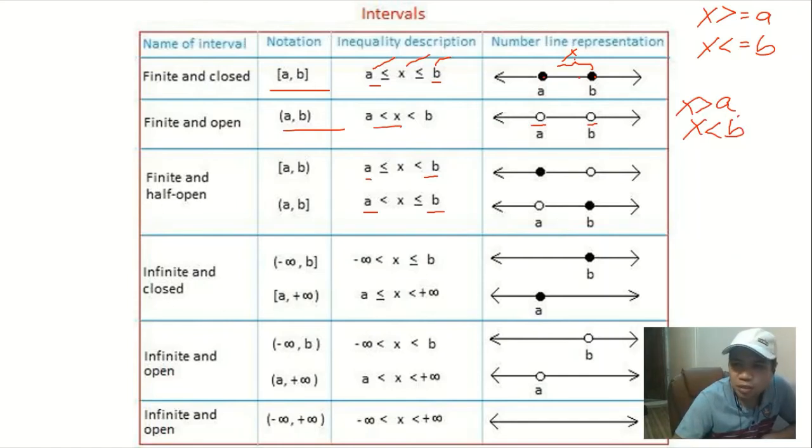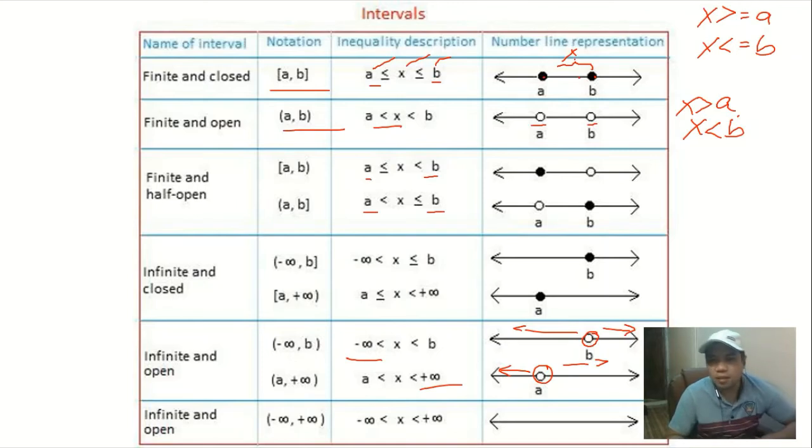Open yung point na yan. Then infinity. So, posibleng yung point lang na yun is hindi kasama pero the rest kasama. Yun naman yung may infinity. Negative infinity or positive infinity. Then, we also have negative infinity, positive infinity.